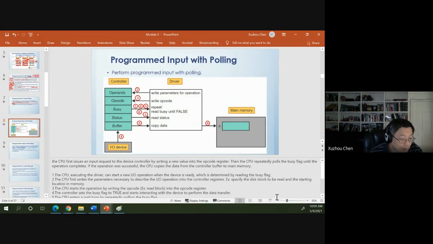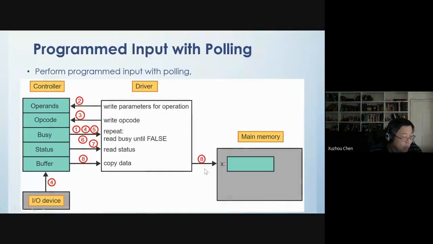So if this is the output, then again, for the input, you start the operation and ask the I/O device controller, and eventually it copies the data from the device to the buffer, and then copies the data from the buffer into the main memory. But with the output, it's just the opposite.